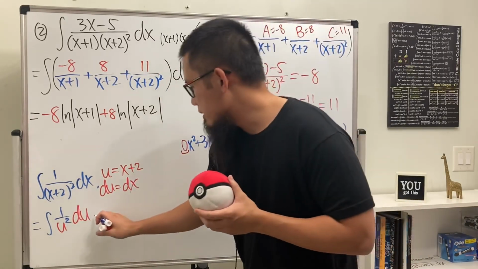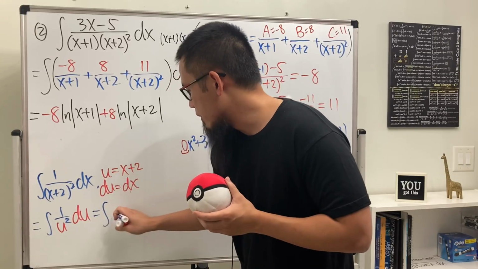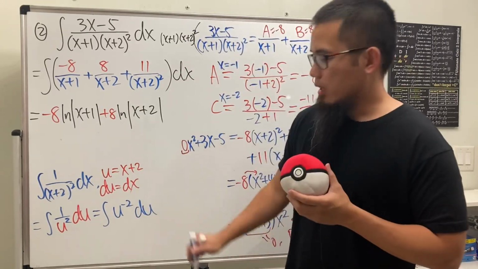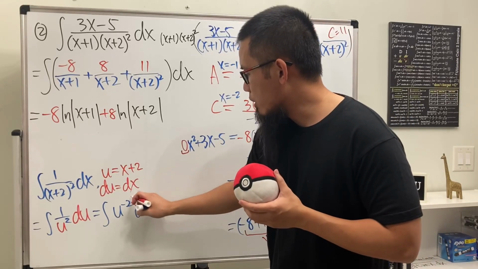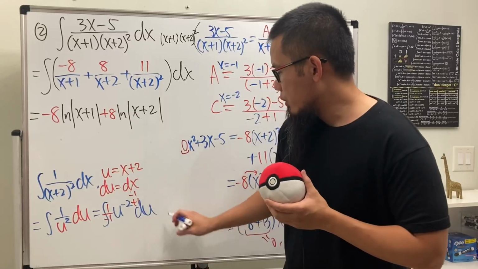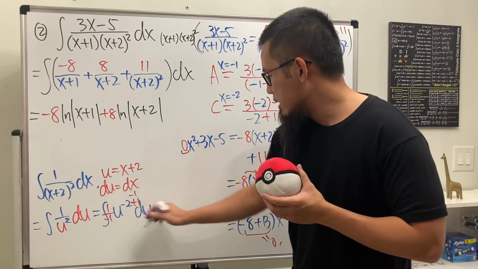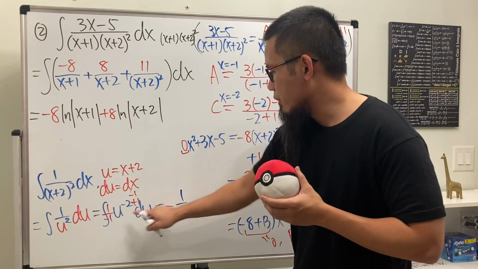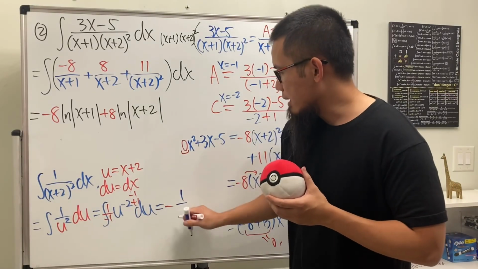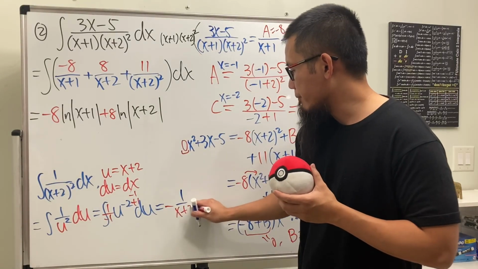This right here means we get the integral of u to the negative 2 in the u world. So to integrate this, you add 1 to the power, we get negative 1 and divide by the new power. So we get negative 1 over u because we have u to the negative 1. And u is x plus 2, right?